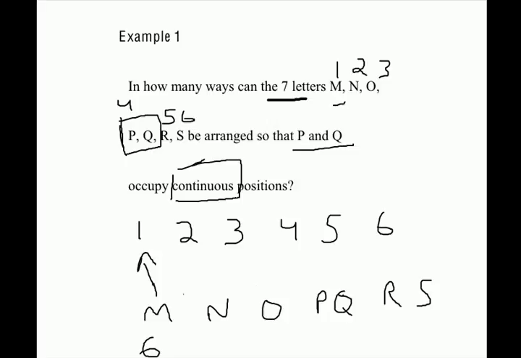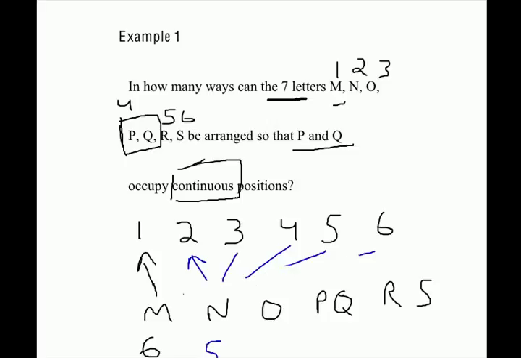Now, in how many ways can N go to a place? N can go to 2, 3, 4, 5 or 6. So this can go to 5 places.